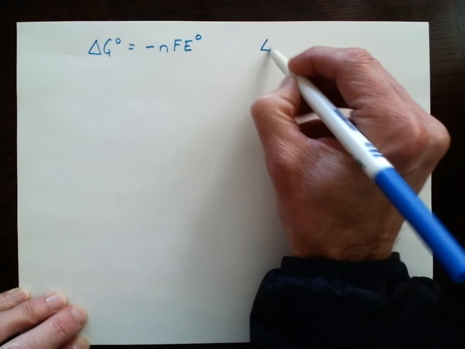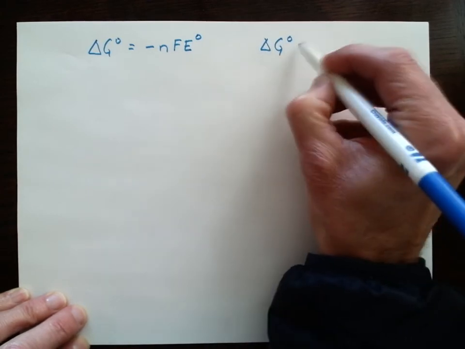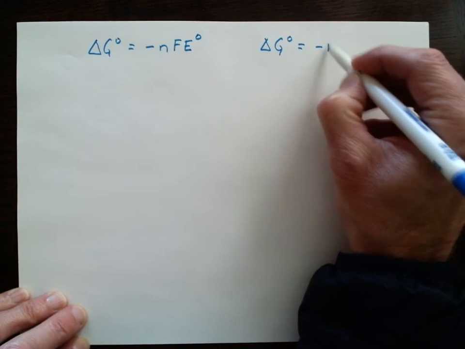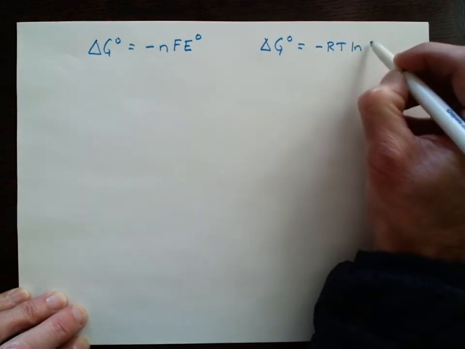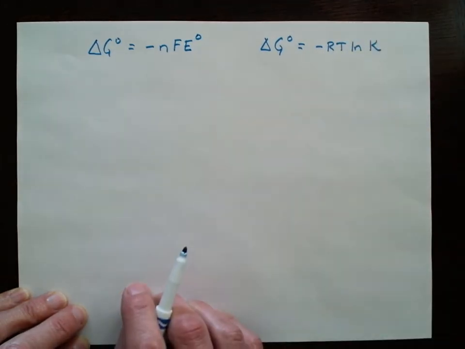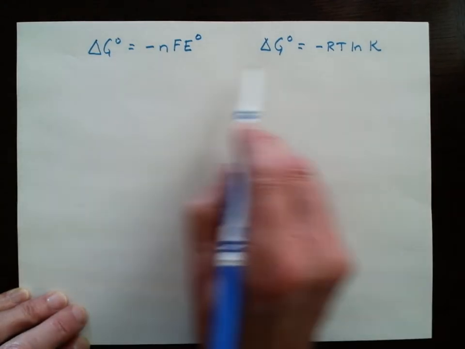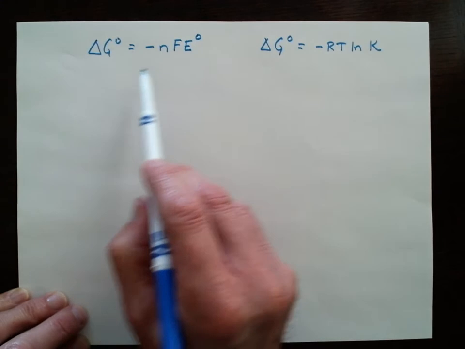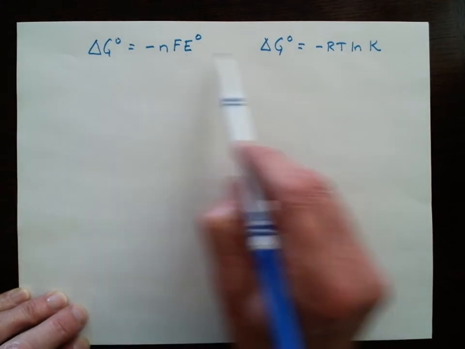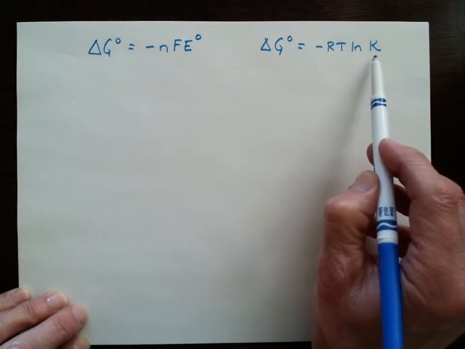You've also seen this equation as well. Standard Gibbs free energy is minus RT times the natural log of the equilibrium constant for a particular reaction. What these equations allow us to do is relate the cell potential to the equilibrium constant.